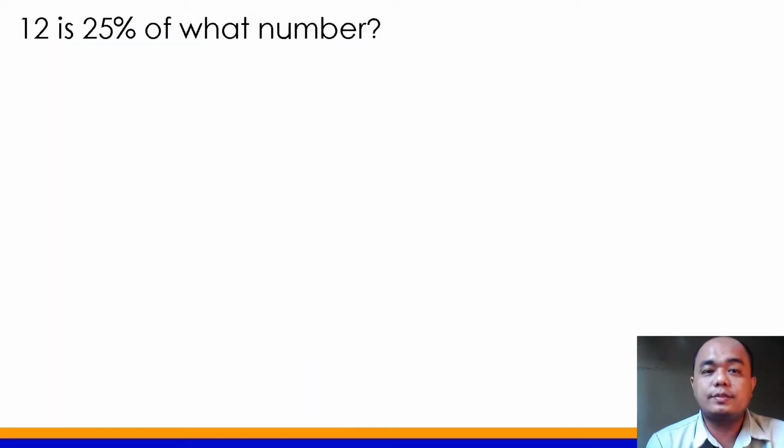Okay, let us solve this problem. 12 is 25% of what number? Of course, para malaman natin kung ano ang missing ng problem na to, let us identify what are given in our problem. What do we mean by 12 here, class? 12 stands for, yung clue mo dyan ay ang "is." Diba?